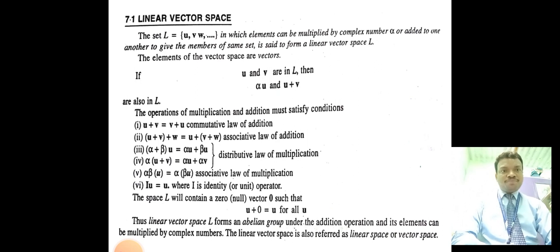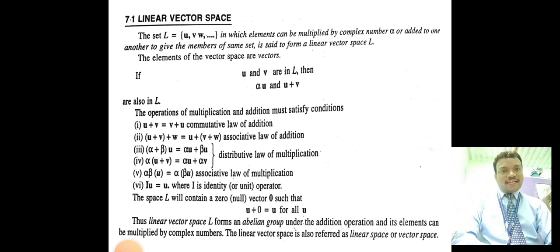Suppose we multiply the vector elements u, v, w, etc. by the complex number alpha, or add them to one another, that is u plus v plus w, etc. This gives members of the same set. That is, if we add the vector elements, or multiply them by a complex number, the result is still in the set.